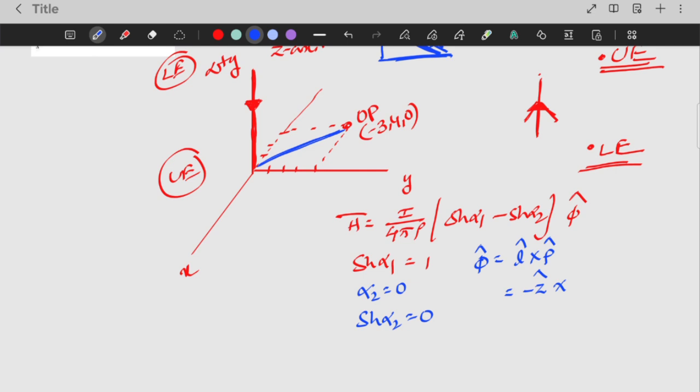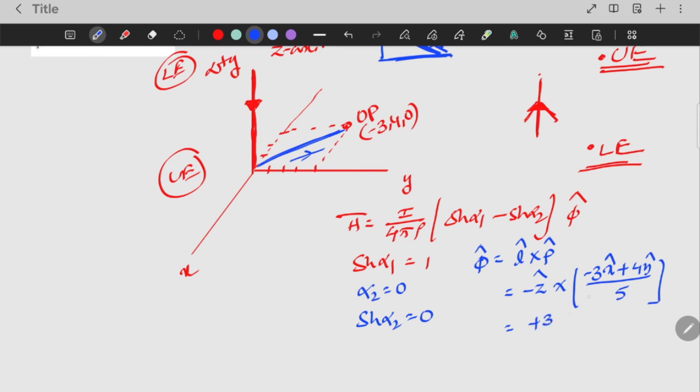So in which direction is it going? Like this. If you want to write that, how can we write: minus 3 x cap plus 4 y cap by its magnitude 5. Don't forget to write the magnitude because we need to write this unit vector. Then minus into minus is plus 3.